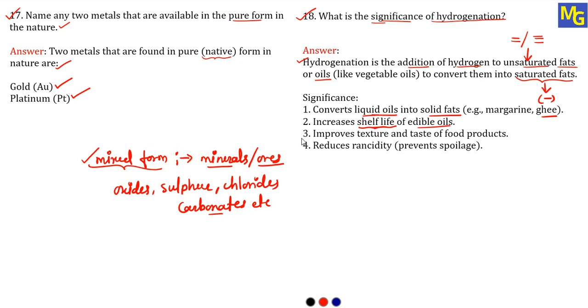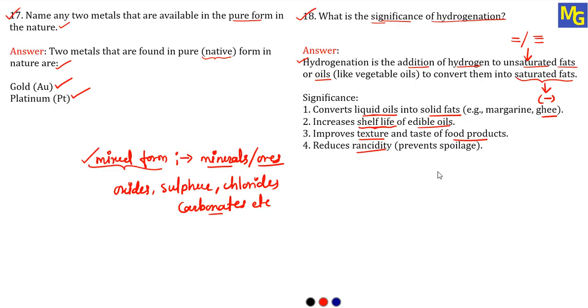Then the third is it helps to improve texture and taste of the food product. Fourth one, reduces rancidity. What is rancidity? It is nothing but the decomposition of the food product due to the reaction with the surrounding gases.